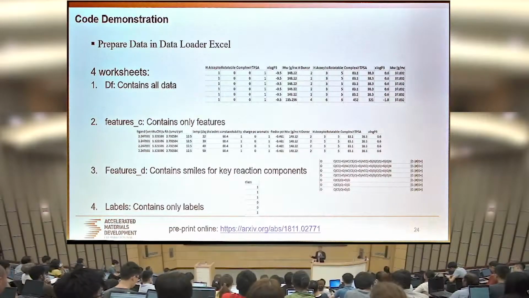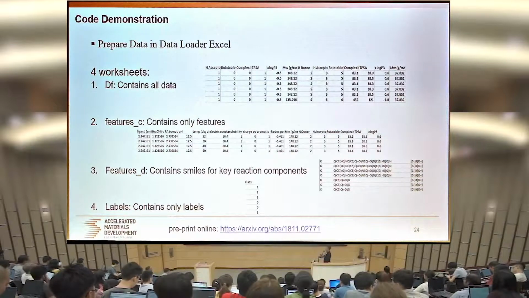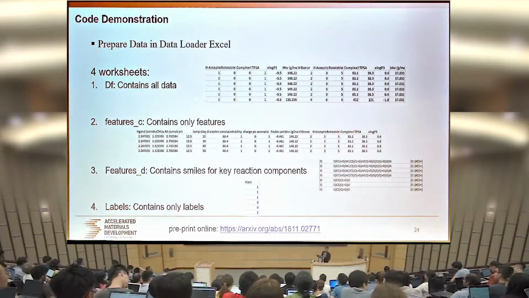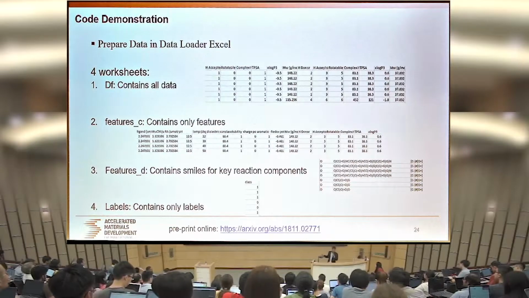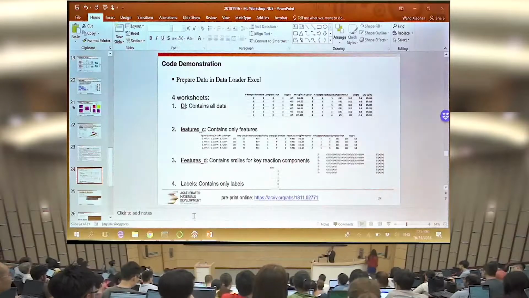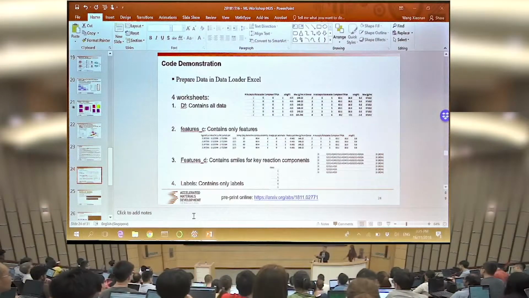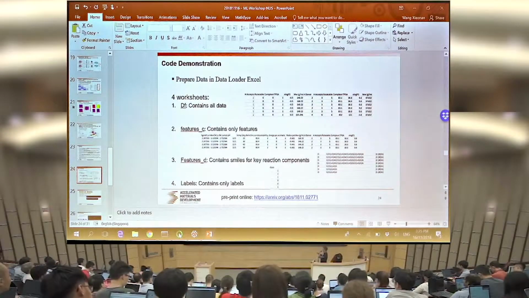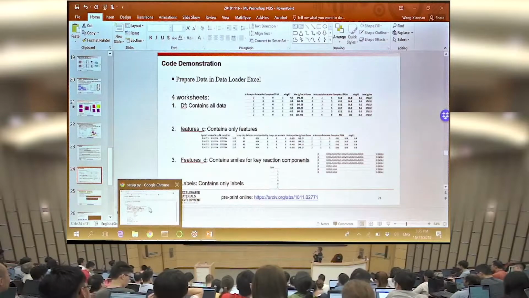And let's go to the code demonstration part. To do a good data analysis task, you first need to prepare the data nicely. So if you look into the data folder I give you, you can find the Excel file called Gold Data Loader.